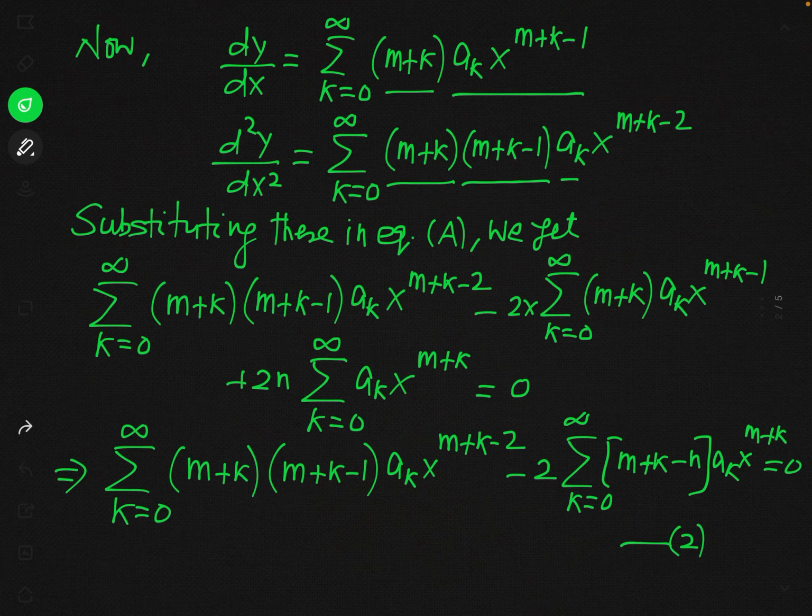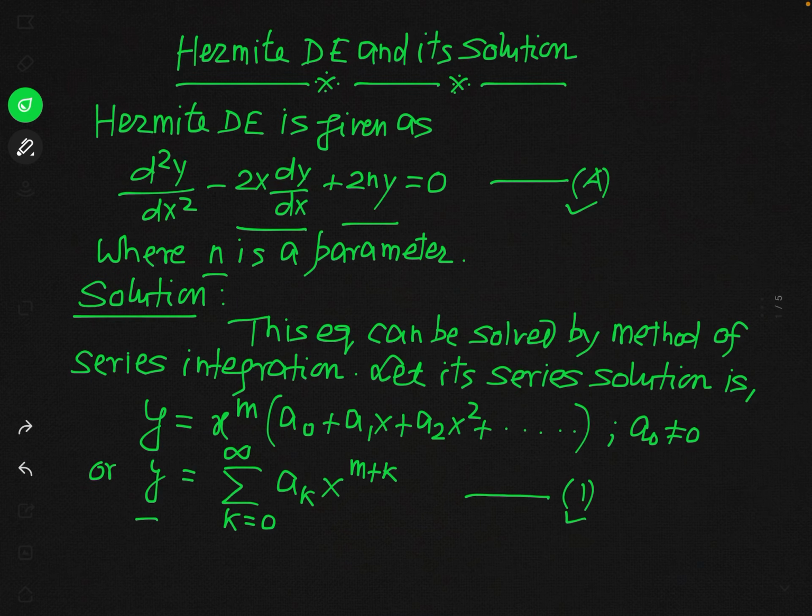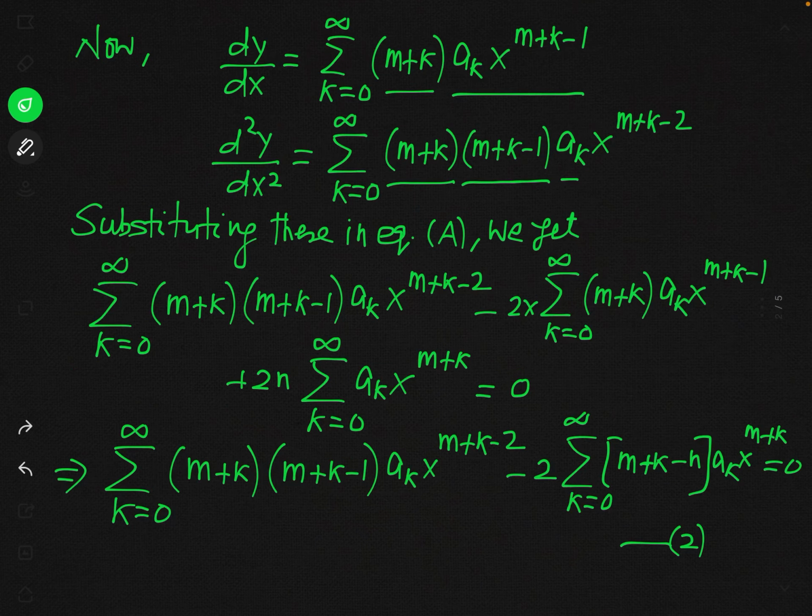Now we will substitute the values of y, dy/dx and d2y/dx² in the equation A. See this equation A here, and let us substitute the values which we have defined just now. So d2y/dx² will be equal to this much as you can see here, and the second term is minus 2x dy/dx, and we have obtained dy/dx here.